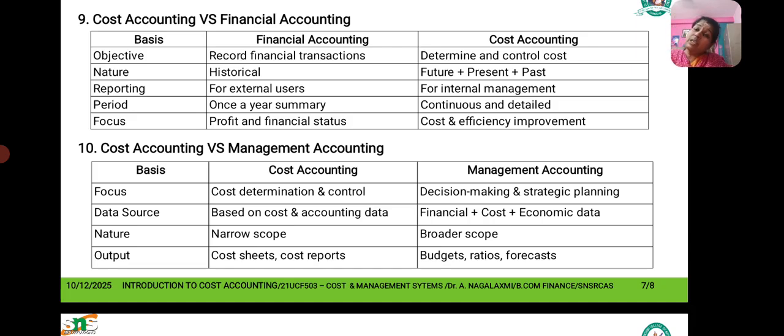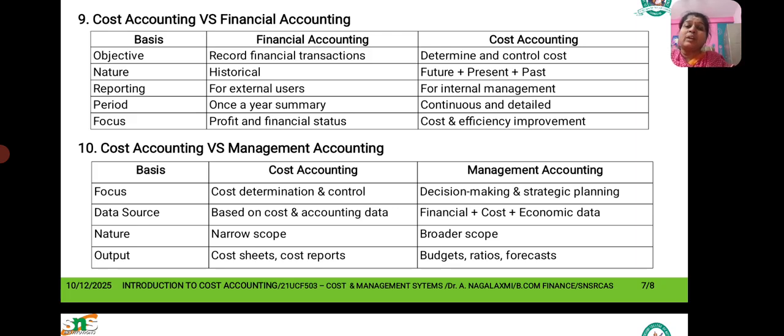Likewise, we are going to see the difference between cost accounting and management accounting. Here the focus of cost accounting is cost determination and control, as we have seen earlier, while management accounting is purely decision making and strategic planning.